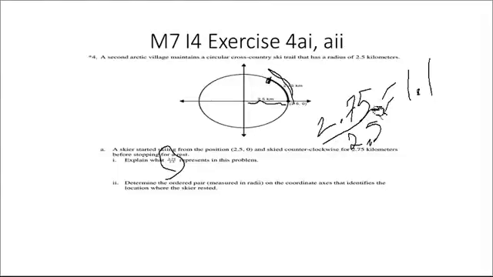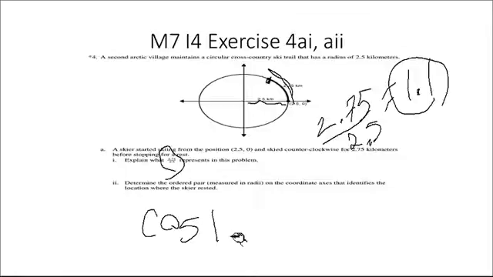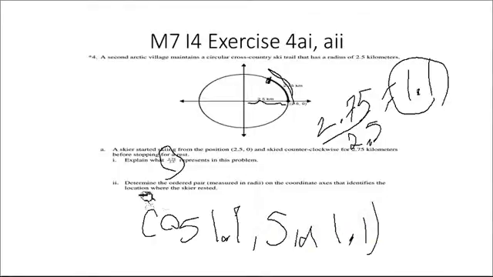In part II, we were asked to determine this ordered pair, where the skier is resting, measured in radius lengths. If we know the radian measure of the angle subtending this arc, then we evaluate our horizontal distance from the vertical diameter using cosine of 1.1 radians, and we get our vertical distance from the horizontal diameter using sine of 1.1 radians.